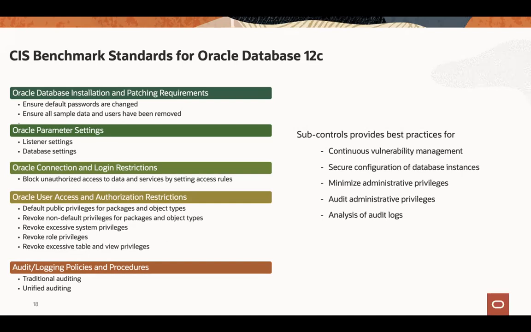Each configuration group defines detailed requirements to ensure secure configuration of database targets. The rules provided in CIS help you to continuously monitor for any configuration vulnerability, to assess if users and administrators have the least amount of privileges required, and to audit all administrative privileges.